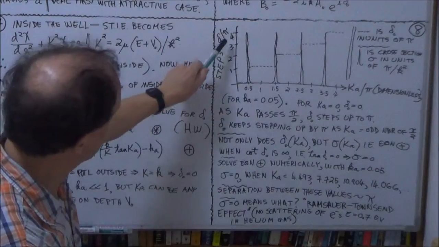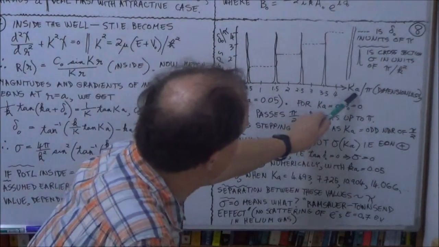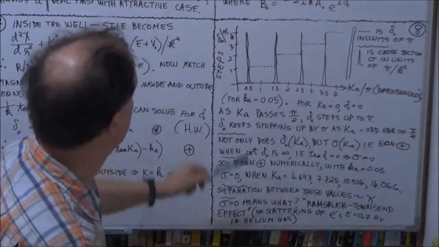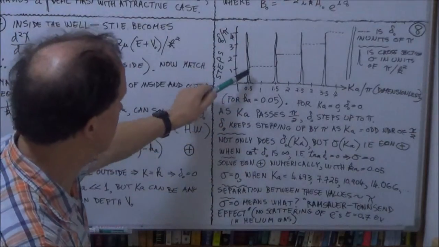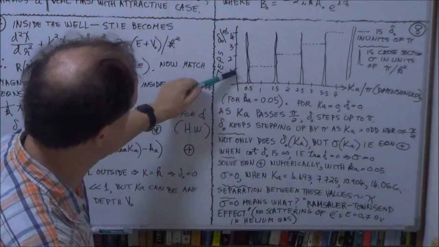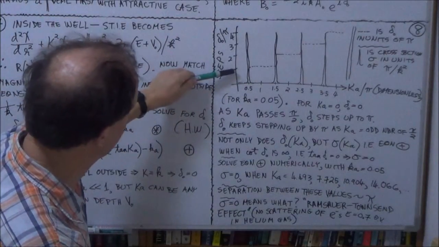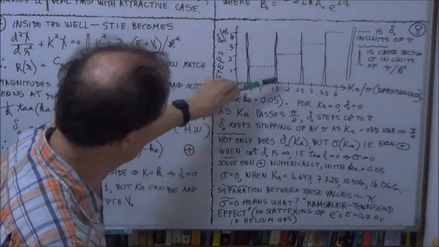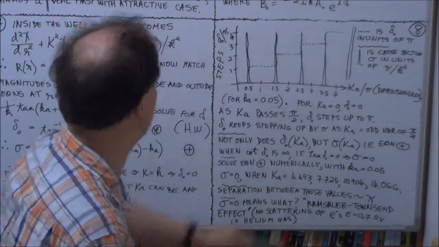So as big Ka keeps increasing, so does your phase change, but in jumps. It just stays at 1, so delta naught would be pi.